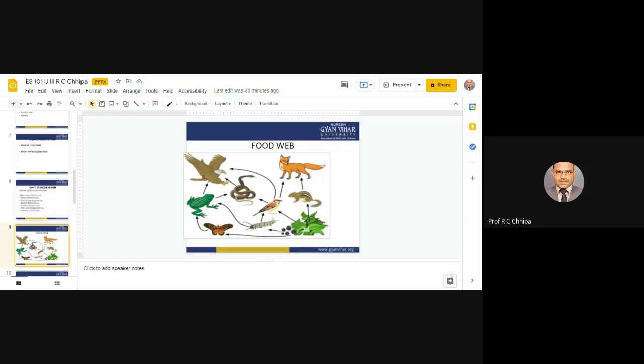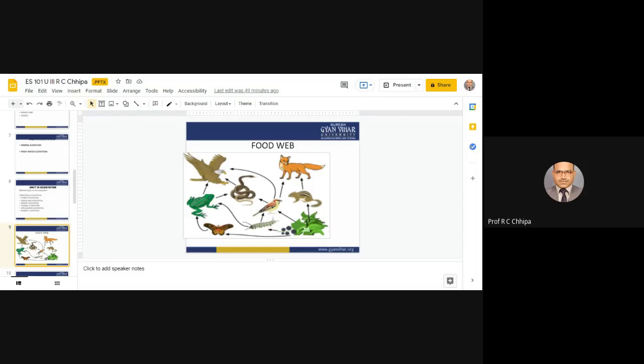In another food web, we have to see the butterfly uses various plants. The butterfly moves from one plant to another plant, and they take the food from the plants. And then the butterfly becomes the food of the frog, and the frog is the food of the eagle.